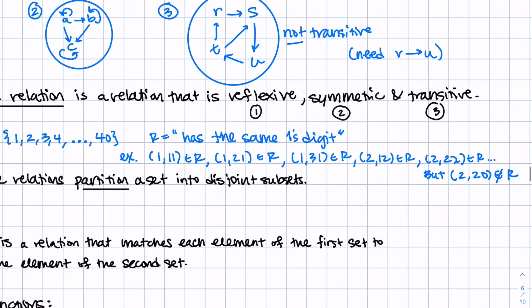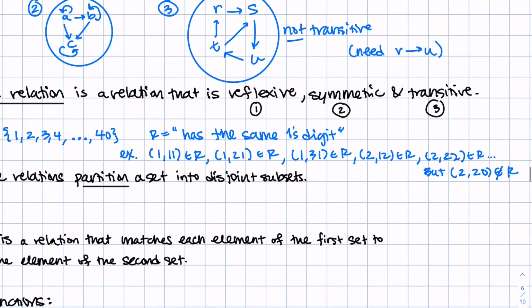So this is an example of something that is reflexive. Reflexive means that 1 has the same ones digit as 1, so 1 comma 1 will be in there.